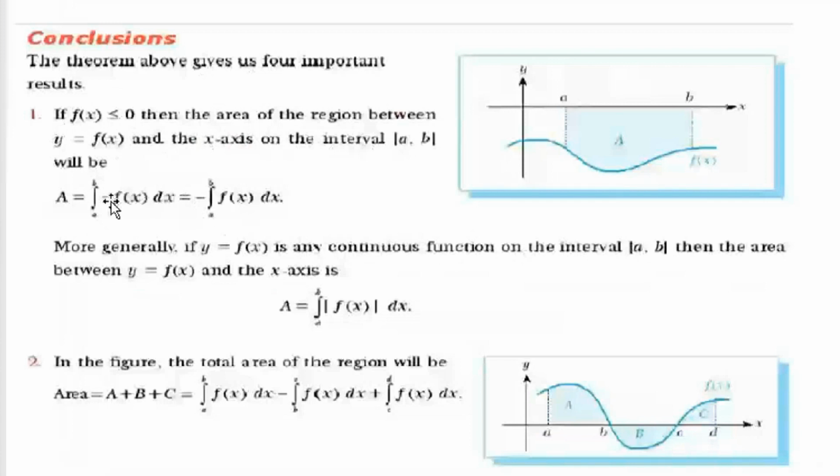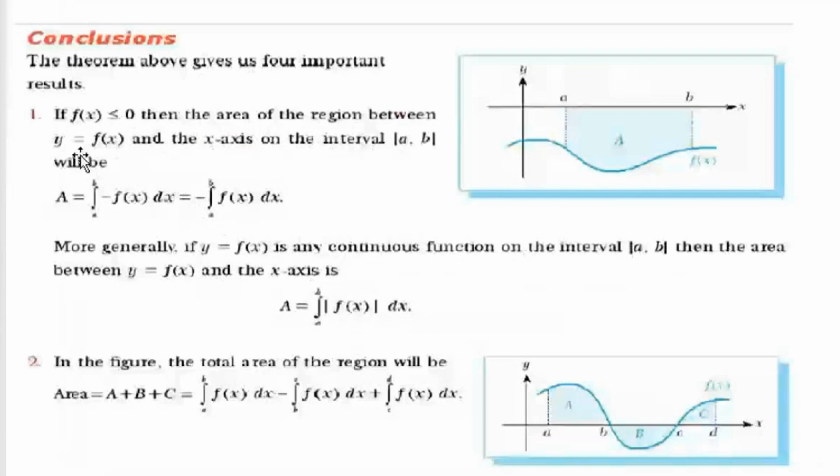So what we did here with the negative sign, we put that one outside the integral sign. So more generally, if y equals f of x is any continuous function in the interval [a, b], then the area between y equals f of x and the x-axis is equal to the integral of the absolute value of f of x dx evaluated from a to b.